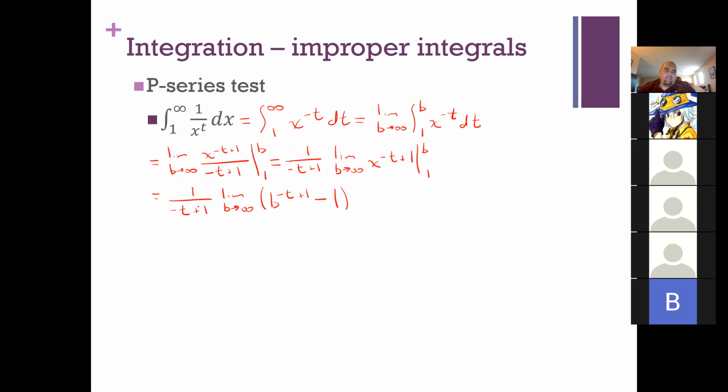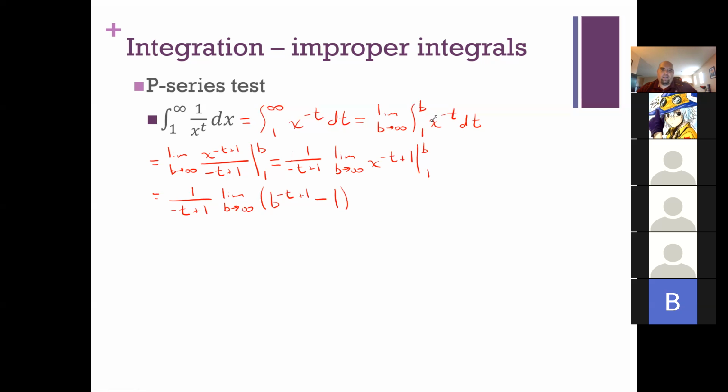So really, this thing right here, what's the only value of t this can't take? Yeah, I got something in the chat. I'm having a hard time seeing.